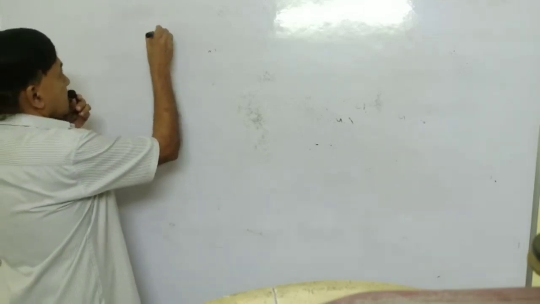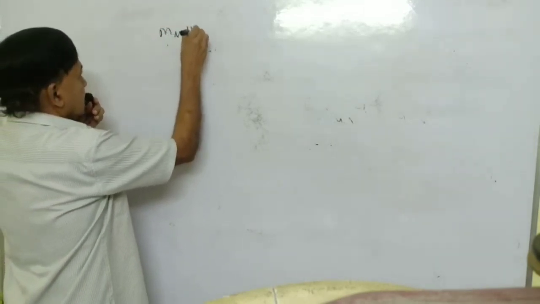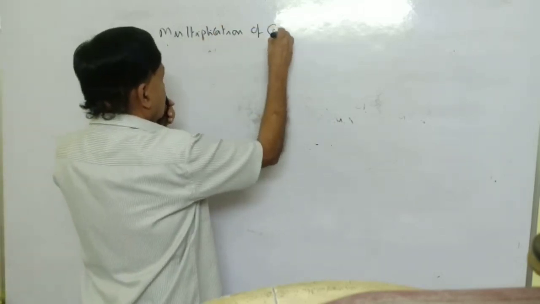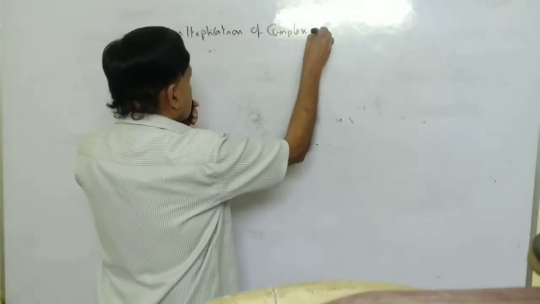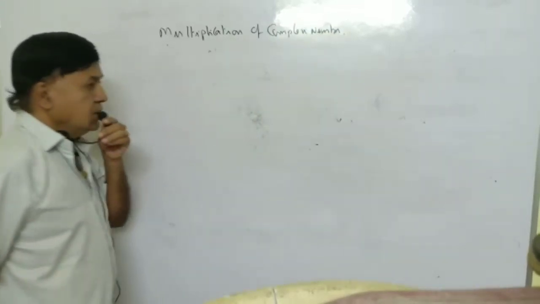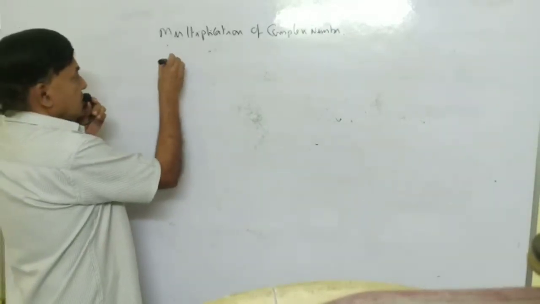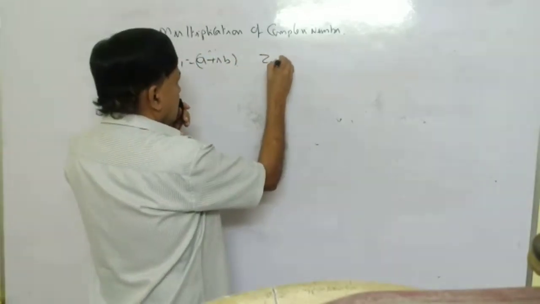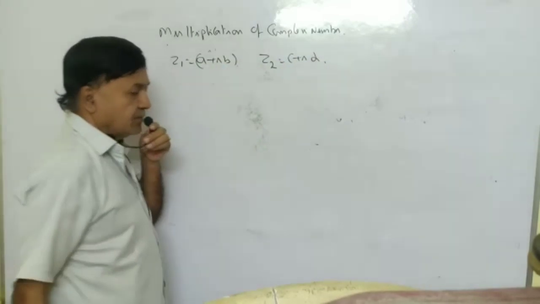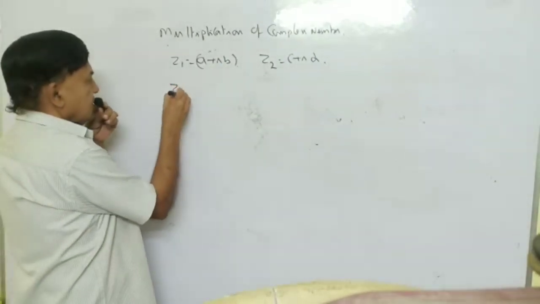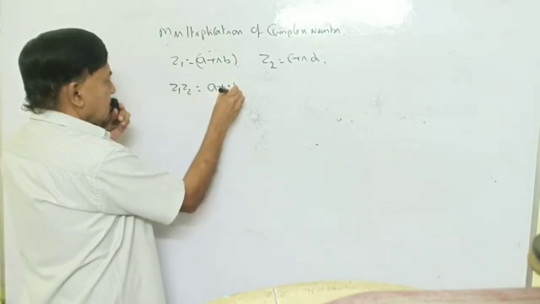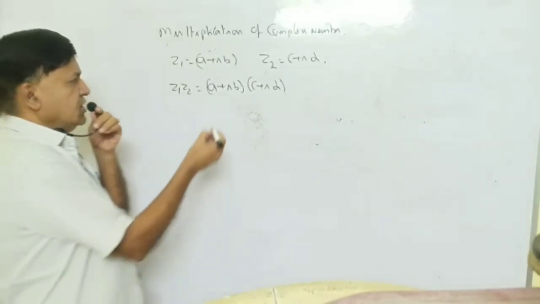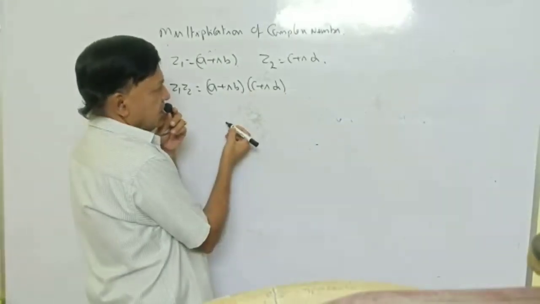The next point is multiplication of complex numbers. Listen. Suppose Z1 is equal to a plus ib and Z2 is equal to c plus id. Z1 into Z2 is equal to (a plus ib) into (c plus id). You just multiply as in (a plus b) into (c plus d) form.